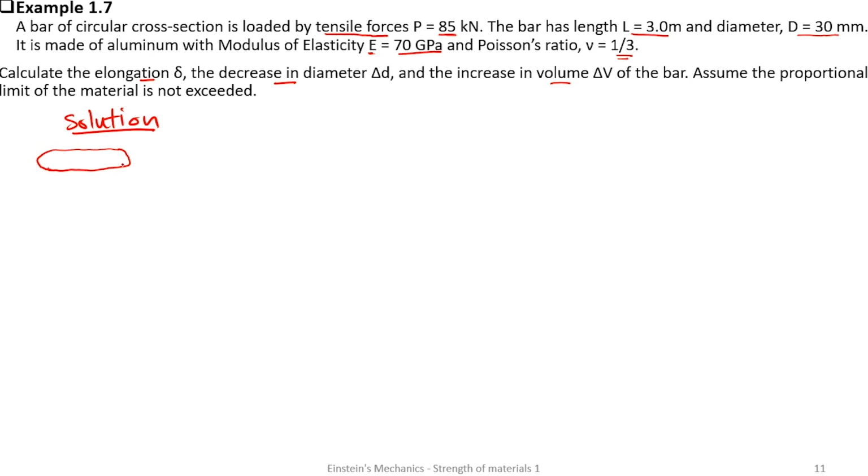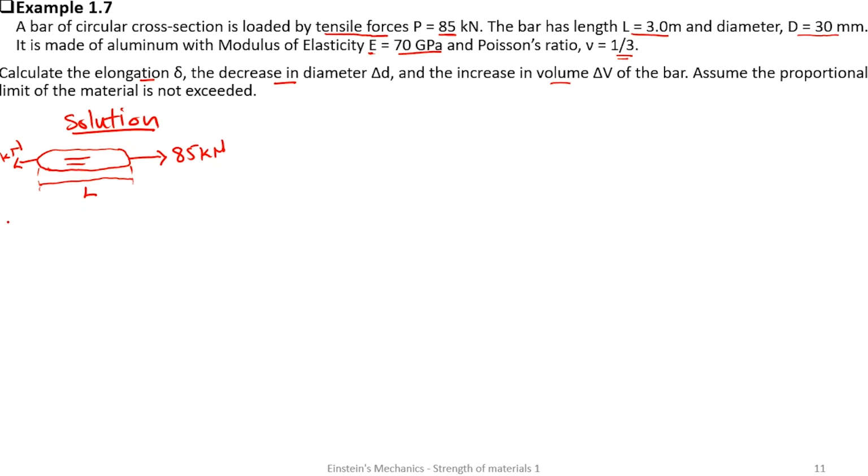Let's assume this is the bar. It was under tensile force, so there's a tension of 85 kilonewtons. So stresses are induced, and there will be an elongation. The length will increase since it is under tensile force.